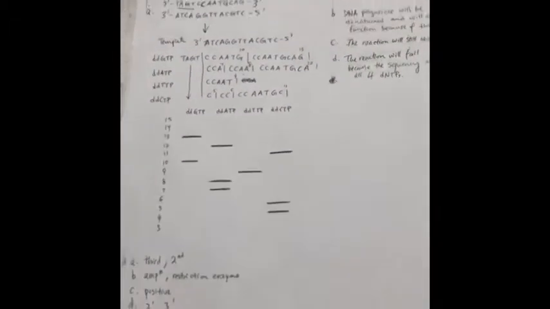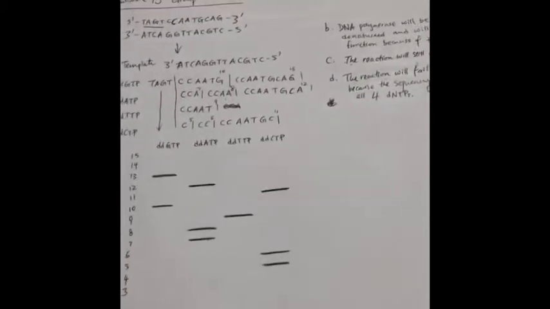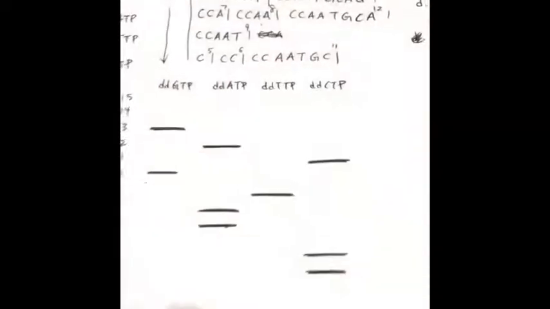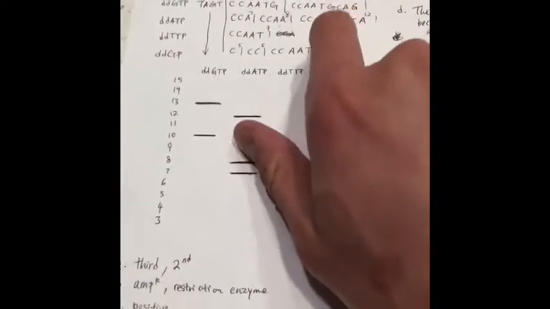Question 1A asks us to indicate the banding pattern for the 4 DD-NTPs. And this is what I got right here. For DD-GTP, including TAGT, we have 10 and 13.